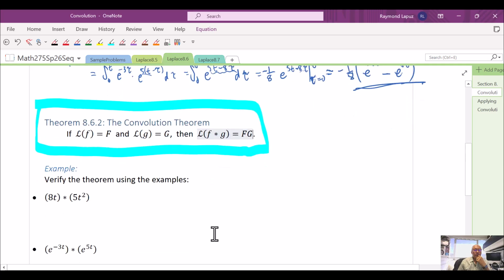Okay, so it says verify this theorem, and they want us to figure out the Laplace, I guess we should assume that they're looking for the Laplace transform here. So let me make a quick change. Script L, the Laplace transform of this convolution, according to the theorem, should equal the Laplace transform.